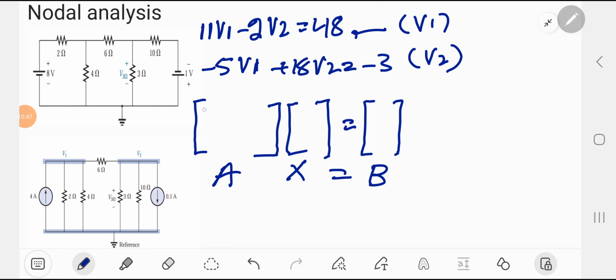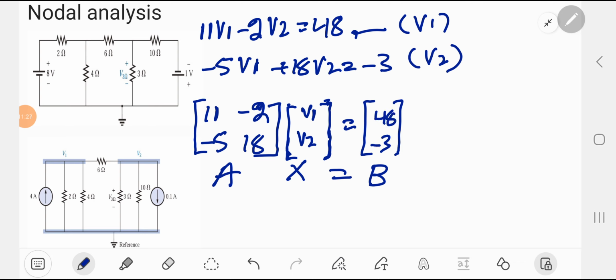Now A is 11, minus 2, here is 5, 18, X is V1, V2, and B is 48, minus 3.